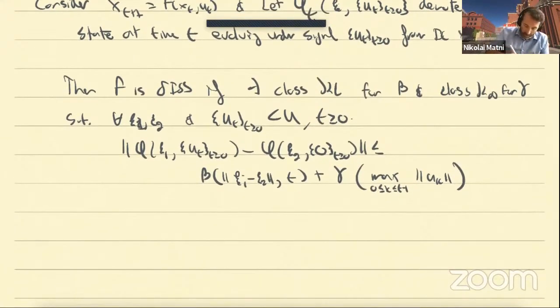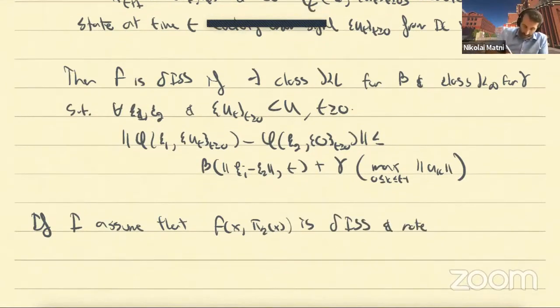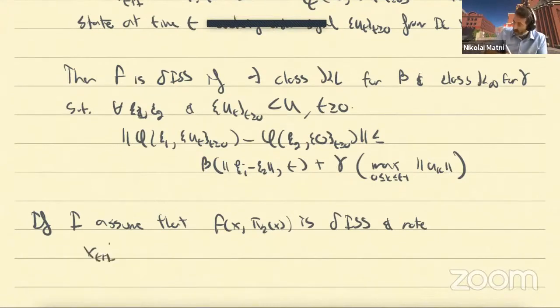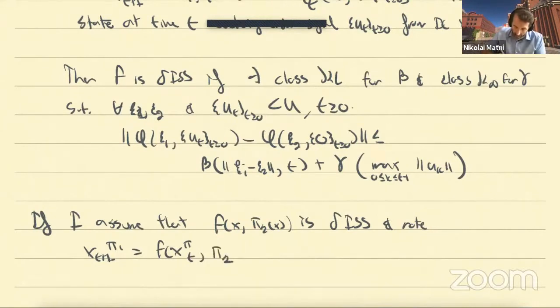Okay, so if I assume that f of x, pi 2 of x is delta ISS, and note that x of t plus 1 evolving under pi 1 is equal to f of x, pi 1 of t, pi 2.